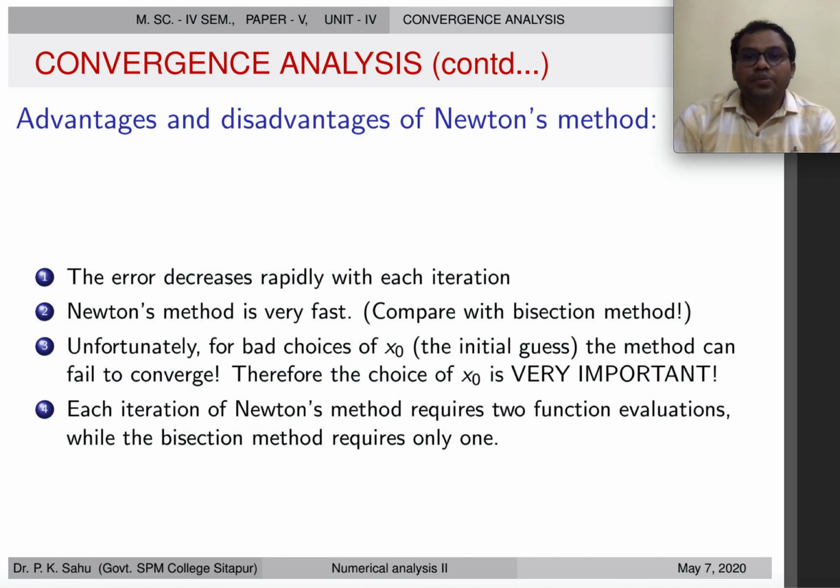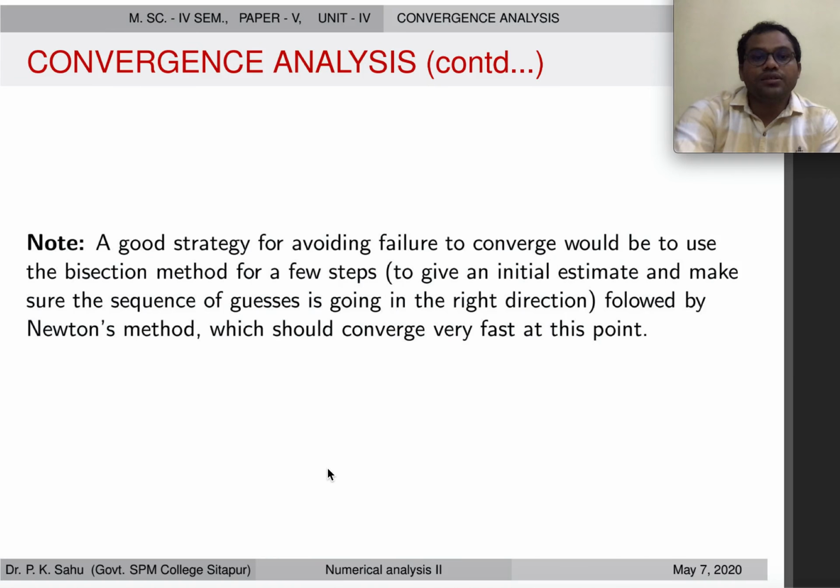Unfortunately, if our initial approximation is not good enough, then the method may diverge or fail. So the initial approximation, the choice of x naught, is very important in Newton-Raphson method or open method. Each iteration of Newton method requires two function evaluations, while the bisection method requires only one. These are the advantages and disadvantages of Newton-Raphson method.